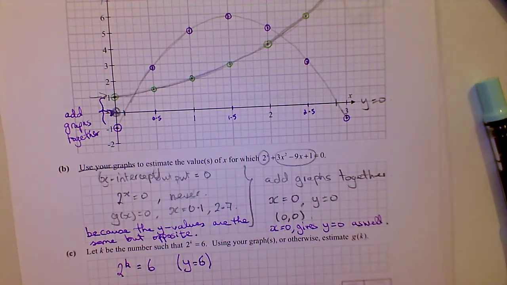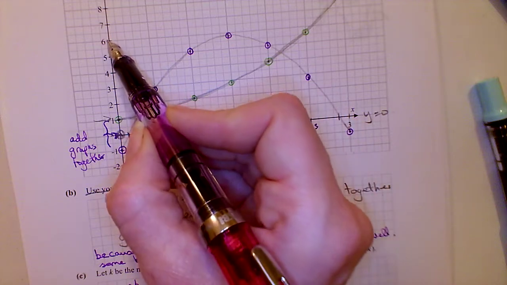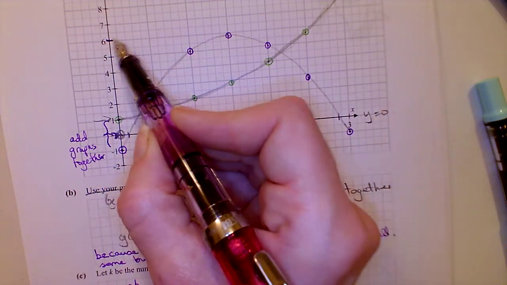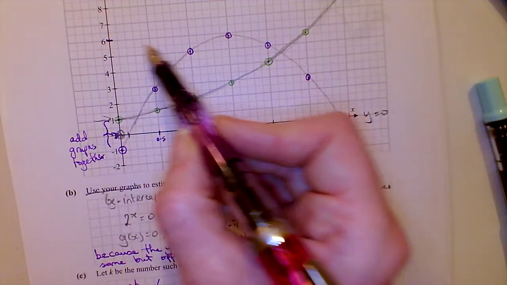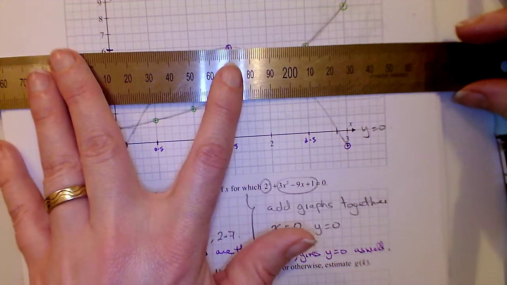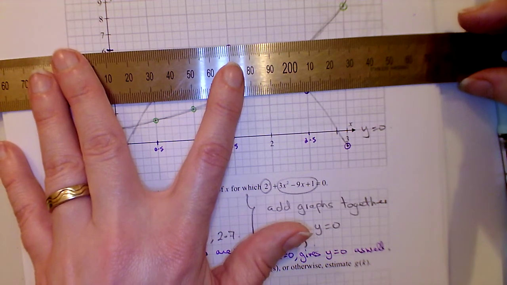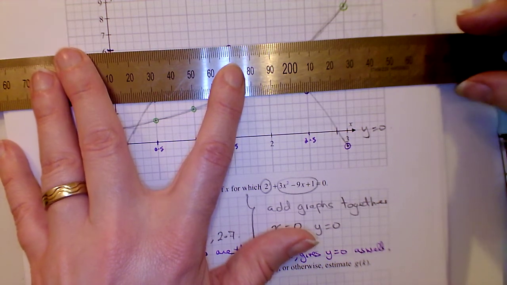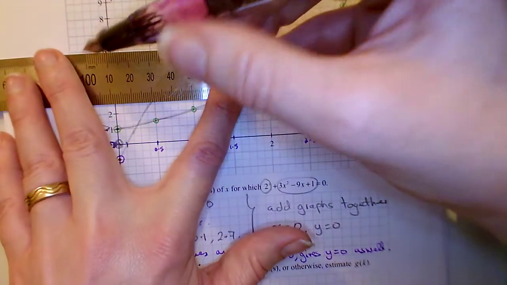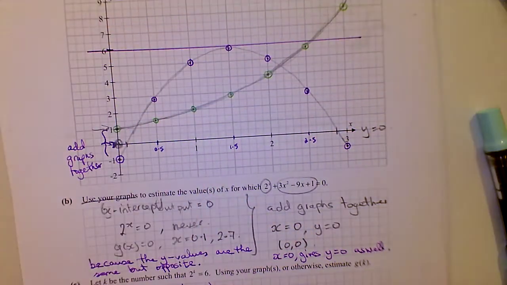So if I come up here onto my graph, y is equal to 6, then if I draw a line going straight across here, like this, they want us to estimate g of k.